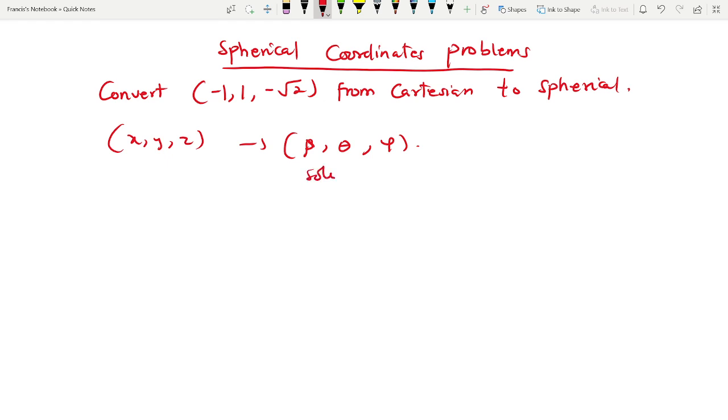To do that, you ask yourself, what is x, y, z in terms of what I have here? Because I'm now switching from this domain to this domain, I need to convert it this way. How do I do that?